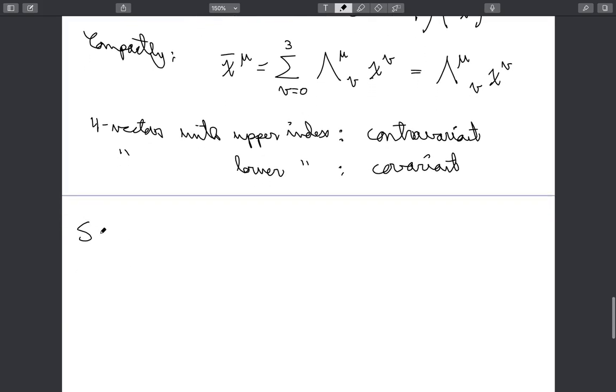Okay, the scalar product in relativity, so scalar, is defined as the inner product between covariant and contravariant vectors. Okay, let's just say we have two of them. I'll do this in this order.